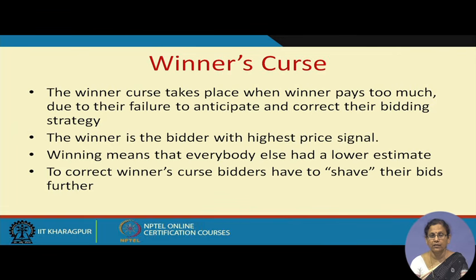Because of getting a wrong price signal, the prospective winner keeps on increasing his bid, thinking that probably he does not have the right estimate, and he finally ends up paying more for an object which he values less. This phenomenon is called the winner's curse.